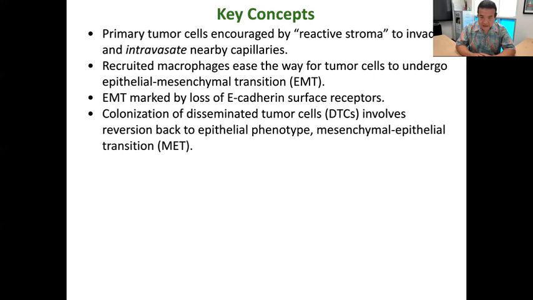So we say that the reverse of EMT is MET, or mesenchymal epithelial transition. And at that point, you've completed this whole metastases cascade, the steps that have now led to a large, life-threatening secondary tumor.